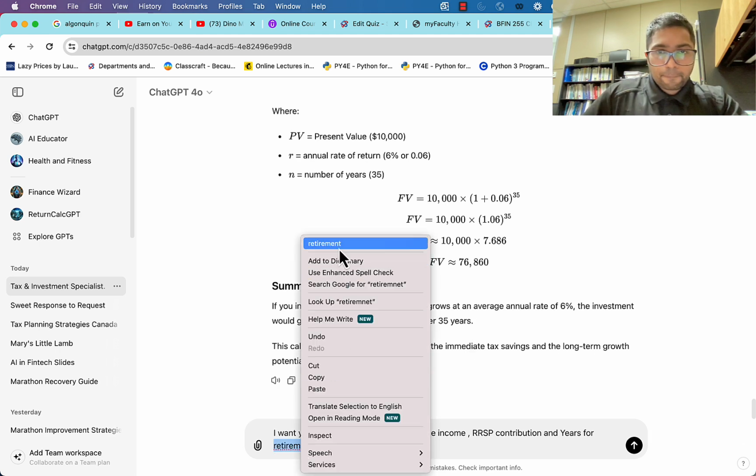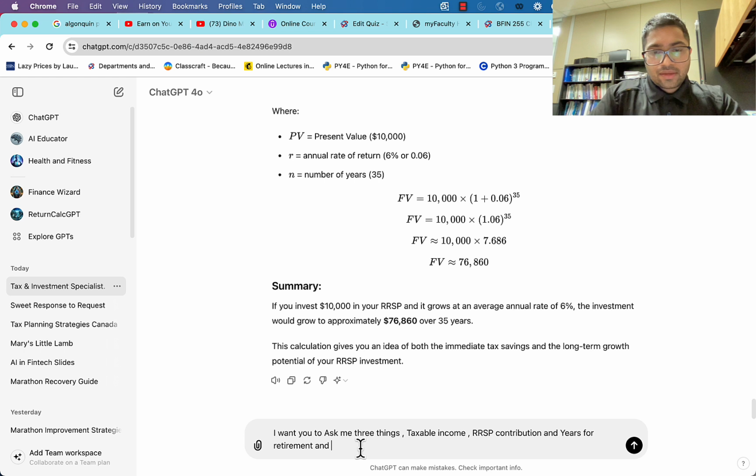Okay, and based on the information, tell me tax savings and value of investment on retirement.